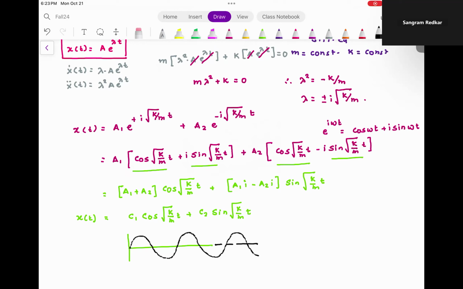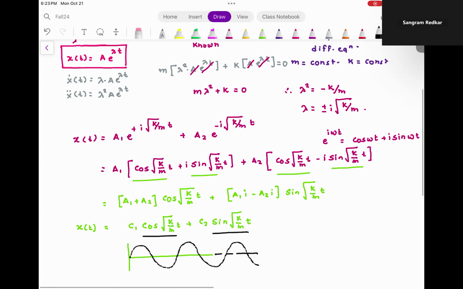This simple harmonic motion would have some cosine component and some sine component, and C1 and C2 are nothing but the initial conditions for that sine and cosine component, which means C1 and C2 are nothing but the initial conditions for the differential equation. To solve the differential equation, you have two derivatives, which means you have to integrate it twice. If you integrate it twice, you will have to add two constants of integration. Everyone understood this?